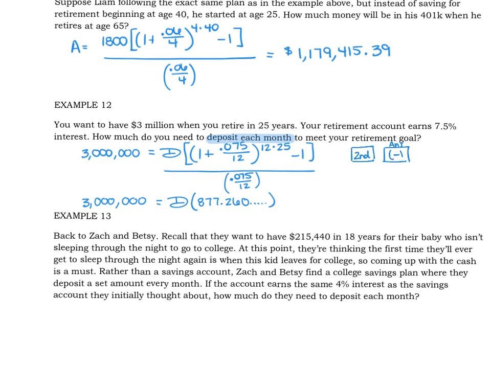That's copying and pasting that value into your equation. And you should find out that if your goal is to have $3 million, you should be setting aside $3,419.74 every month. Unless you're making a whole lot of money, probably not going to have $3 million there, but hey, you never know.